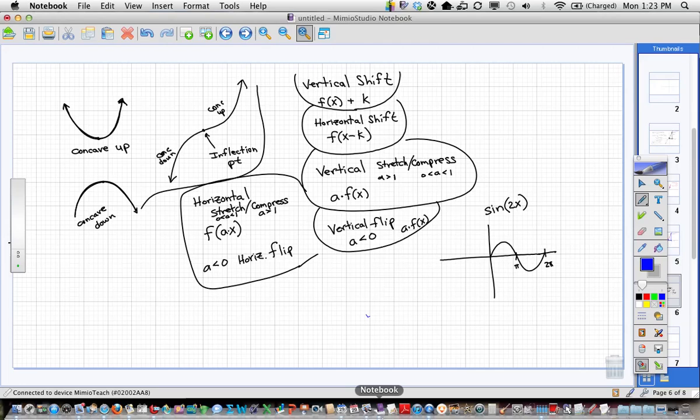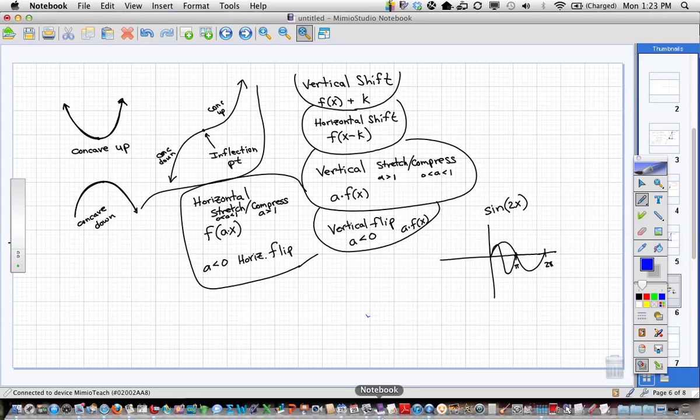What's sine 2x look like? The period is you divide by this number. Remember that? You take the normal period and you divide by that number in there. So the period of this one is going to be pi, which means it would go up, come down, and come back in pi units instead of 2 pi units.